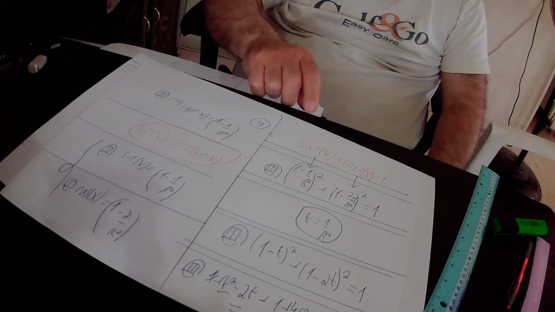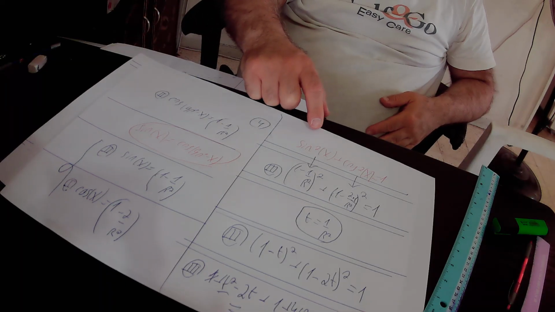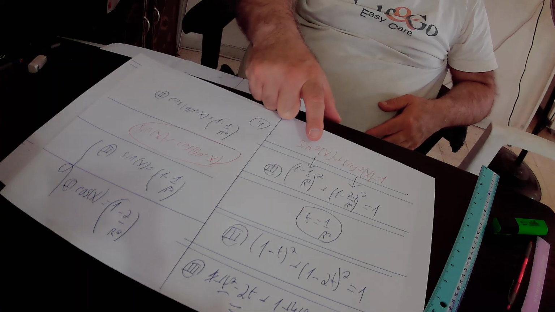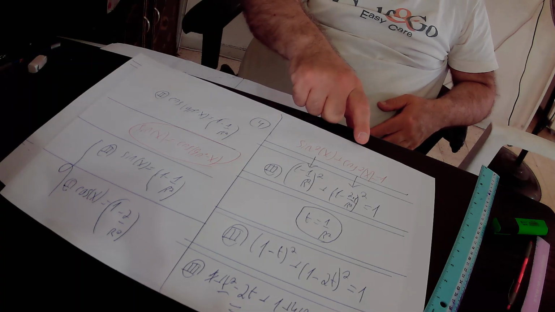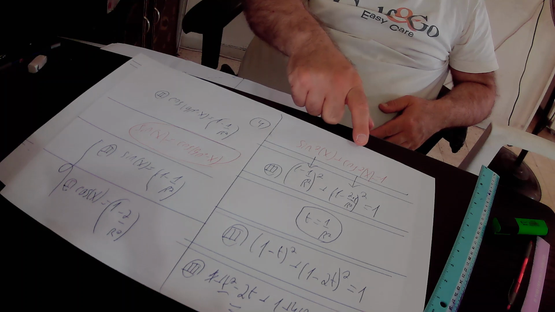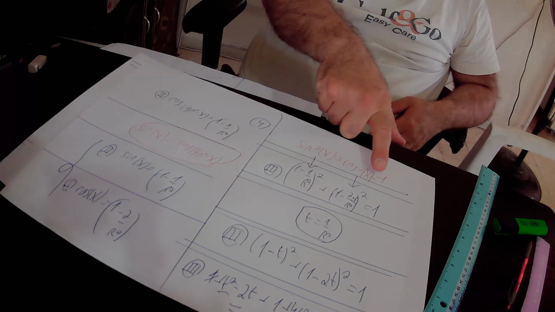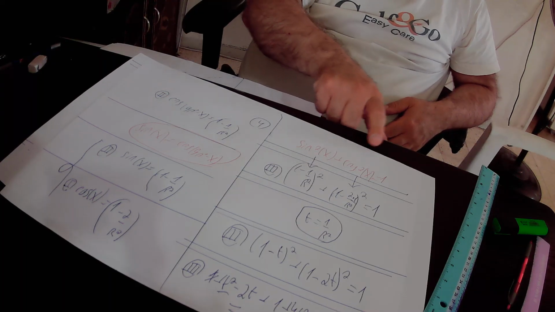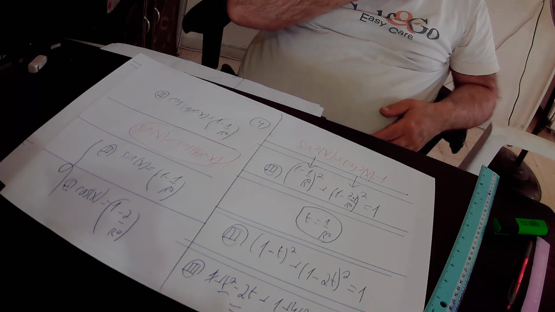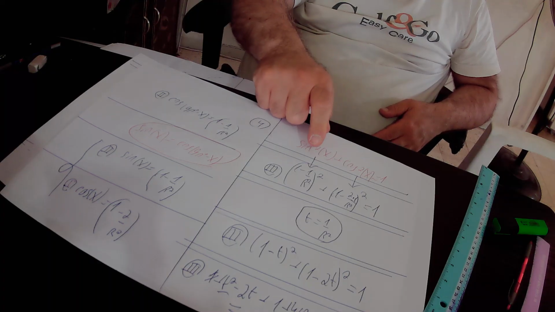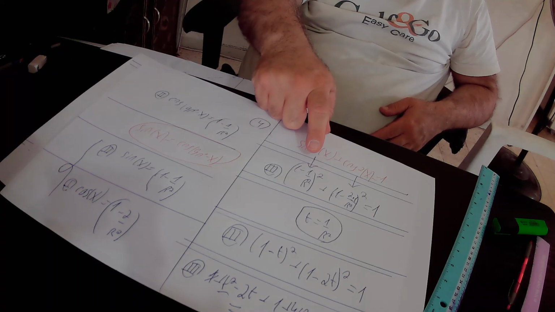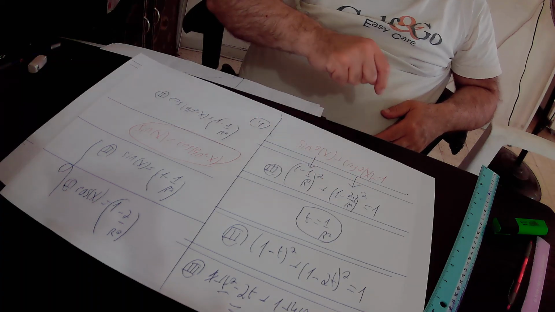So sine squared x is 1 minus 1 over r squared, squared, and cosine squared x is 1 minus 2 over r squared, squared, and the sum equals 1 according to this trigonometric identity. In the next step, we substitute 1 over r squared by t, because according to our definition, t equals 1 over r squared.